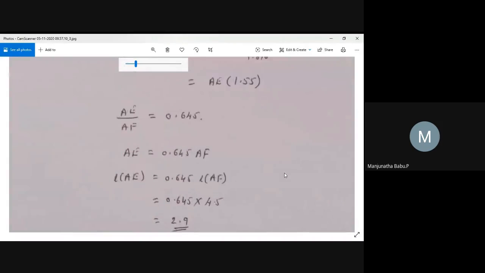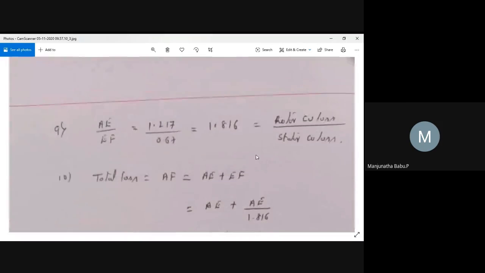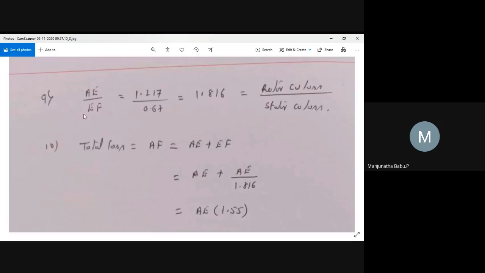So now you can see here. AE by EF is equal to 1.217 divided by 0.67, which will be equal to 1.816. That is rotor copper loss by stator copper loss. Now total loss will be equal to AF, which is equal to AE plus EF.